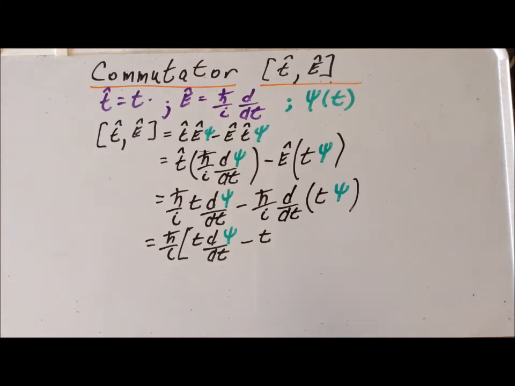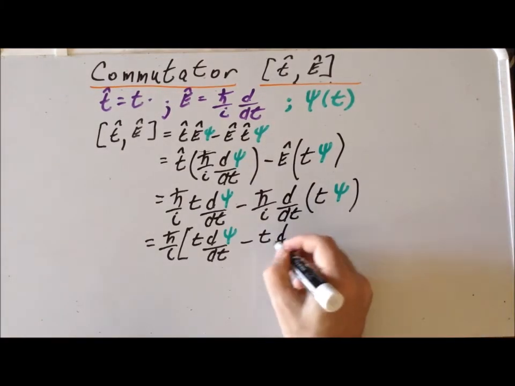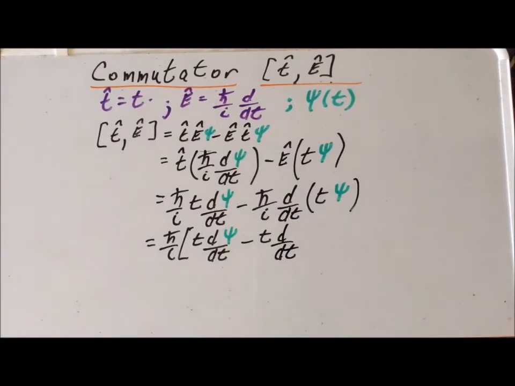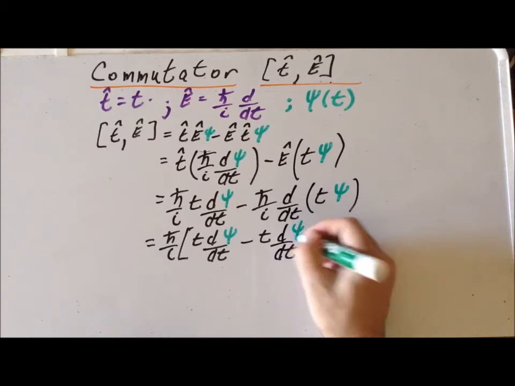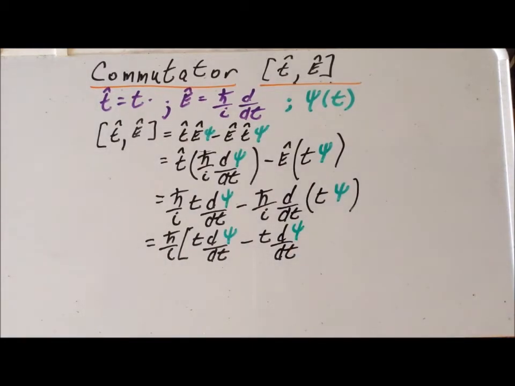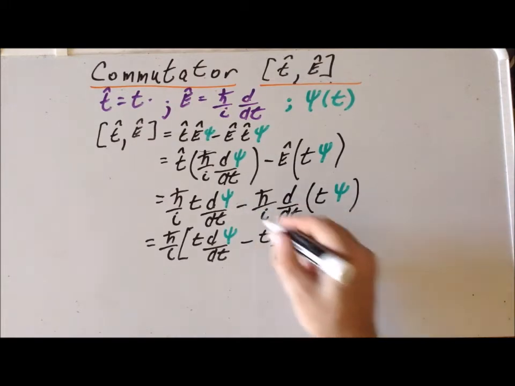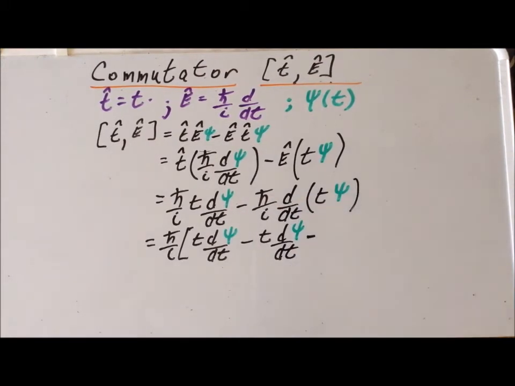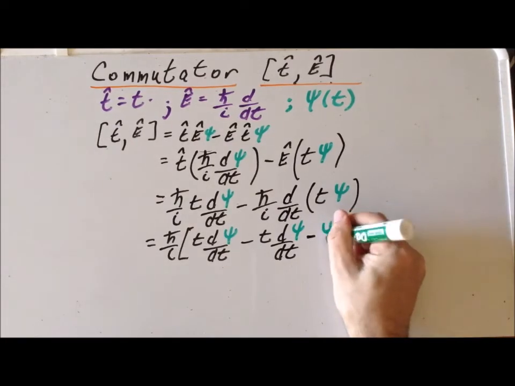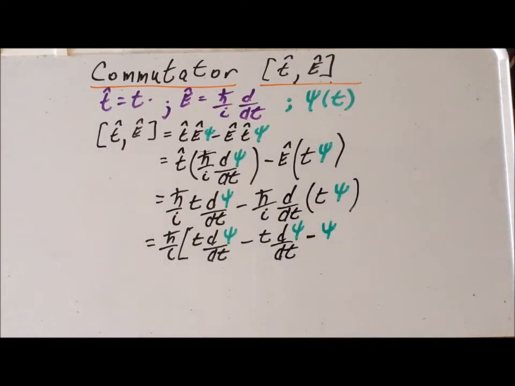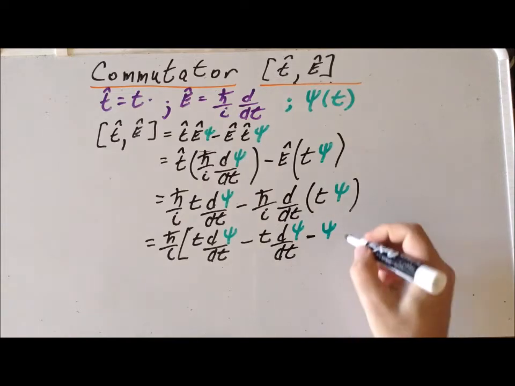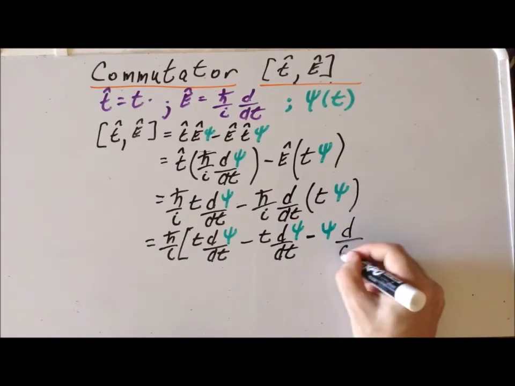So we get d dt of psi, plus the second, and we have to multiply by minus 1 in front. This gives us the minus sign. So we have the second function, psi, times the derivative of the first. So we take the first derivative with respect to time of time. So we get dt dt.